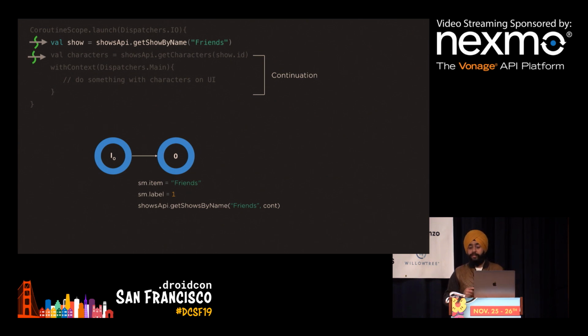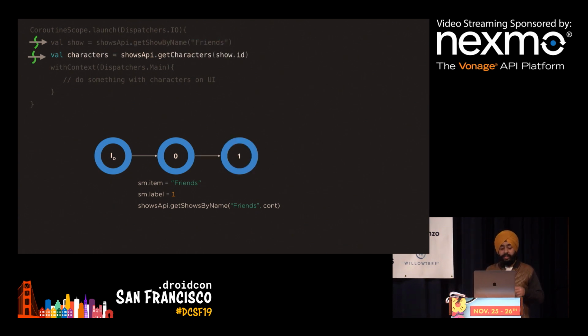Now when you see the suspend function, it will be modified, and the continuation parameter will be included as the second parameter when you see the bytecode. So as soon as the call of this get show by name is finished, this continuation will help you resume the line of your code. Now a similar thing happens when it goes to the first state.